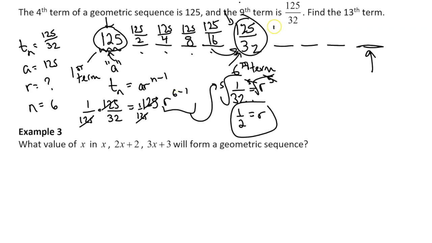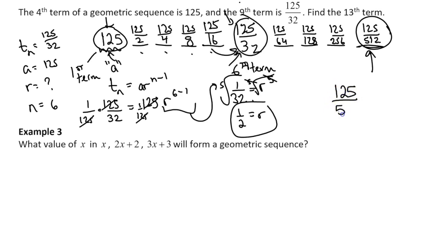And so based off of that, you could say, well, this would be 125 over 64, 125 over 128, 125 over 256, and then 125 over 512. And if you can do it that quickly, don't worry so much about showing your work for something like that, but our 13th term is going to be 125 over 512.